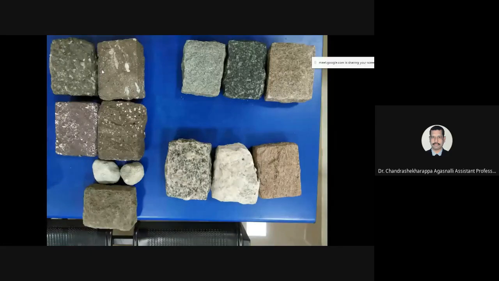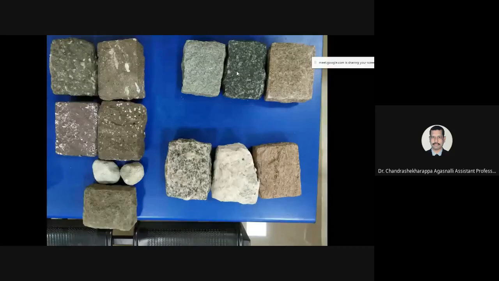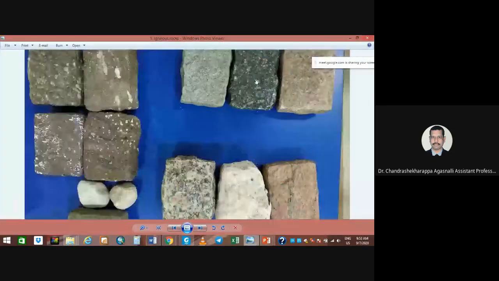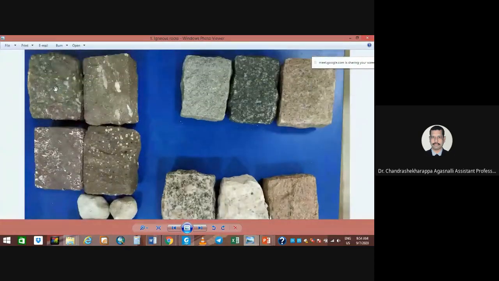Gray granite, black and white, and pink granite, which we use in houses for the construction of buildings.